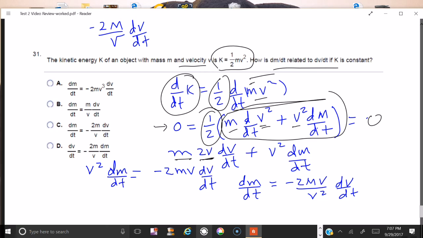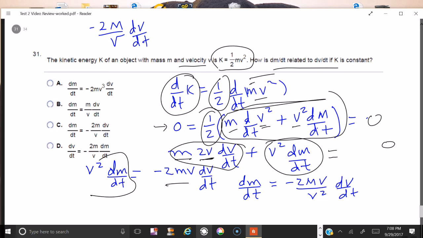So we have v squared dm/dt equals, taking this term over to the other side, minus 2mv dv/dt. So dm/dt is minus 2mv divided by v squared, times dv/dt, and notice you can factor the v out, and we end up with minus 2m over v times dv/dt.